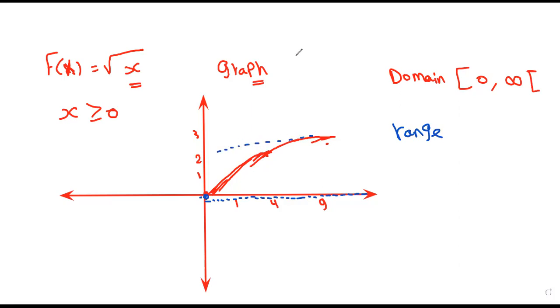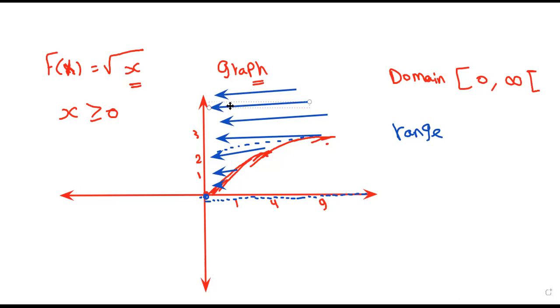As you see, this graph is going up. So what are the values of y we can get? When substituting the values of x, we can get all positive values of y, starting from 0 to positive infinity.